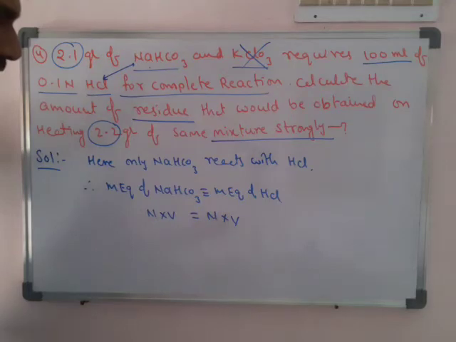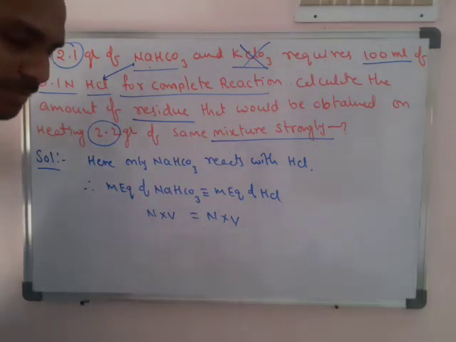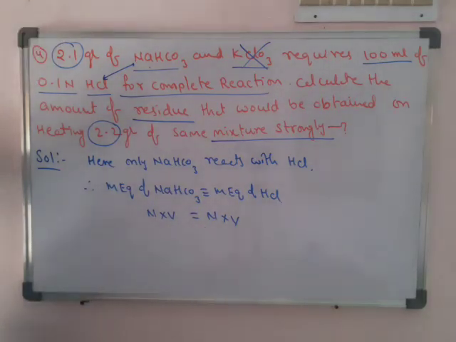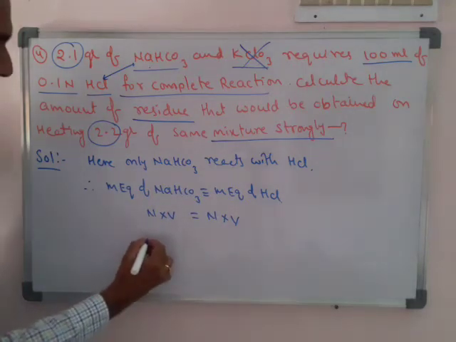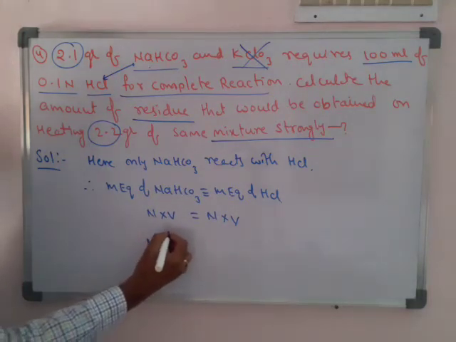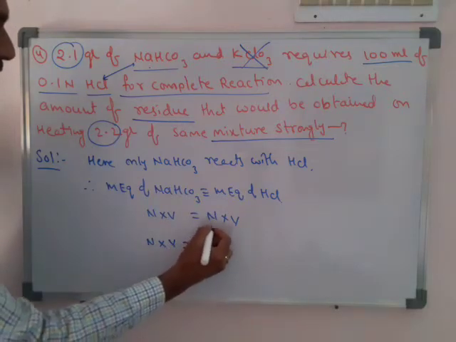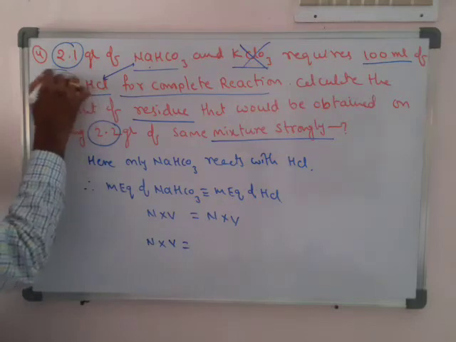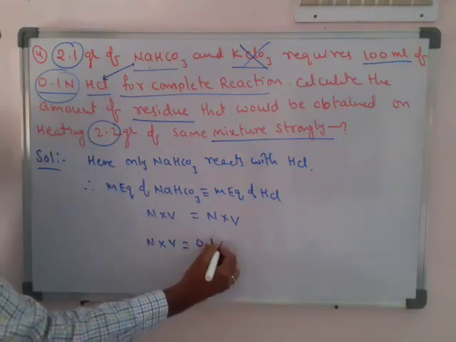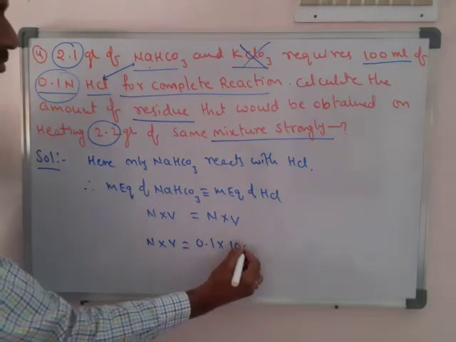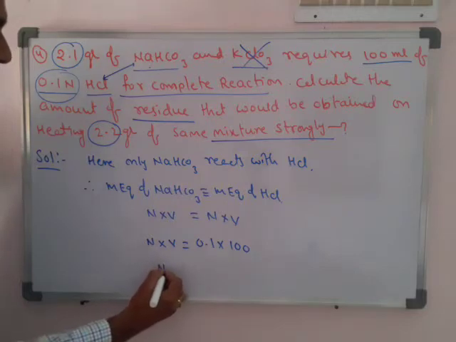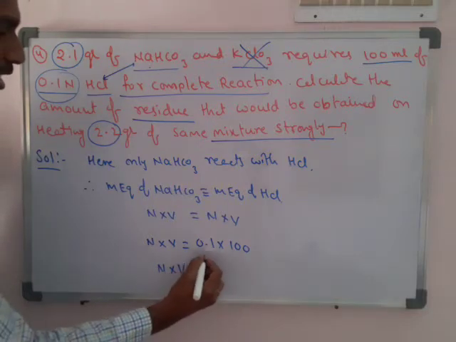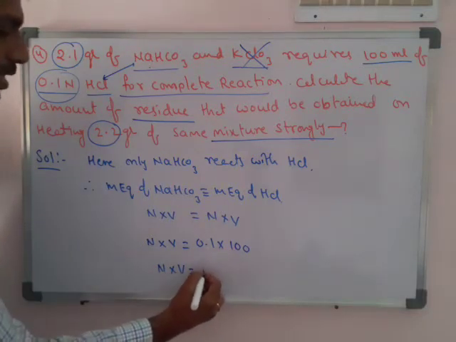So milli equivalence of HCl just automatically becomes equal. Normality of HCl is directly given, 0.1, and volume 100. So its normality into volume is equal to 10.